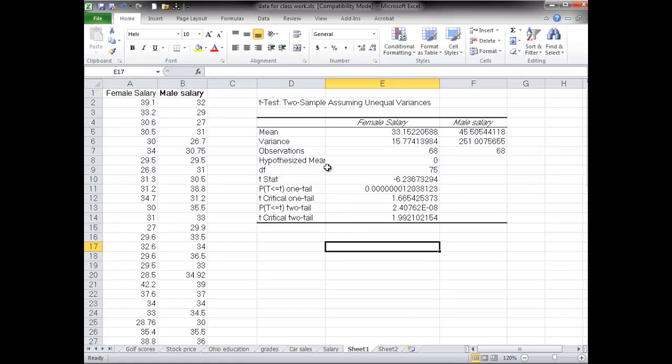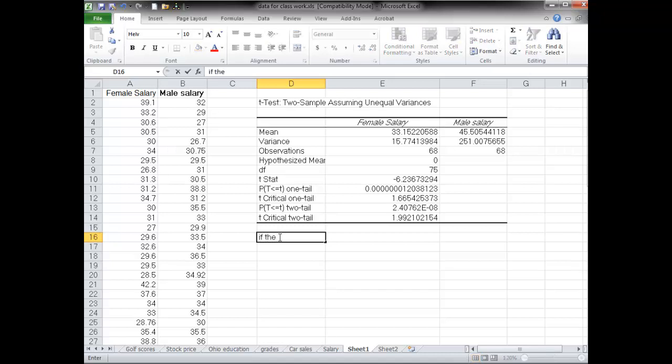There are a couple of different ways of deciding the result of the test. One of them is looking at the t-stat and comparing it with the cutoff values, where you have the critical one tail and the critical two tails. But what I prefer in general is to look at the p-values. The basic idea here is this. I'll write it down.